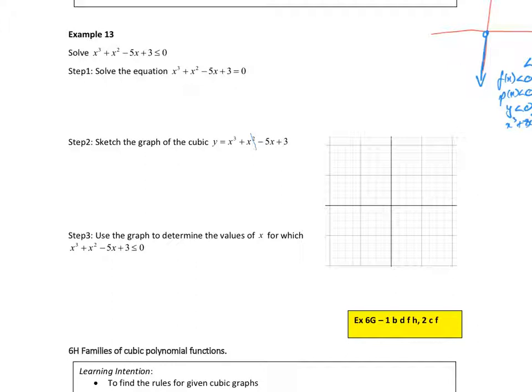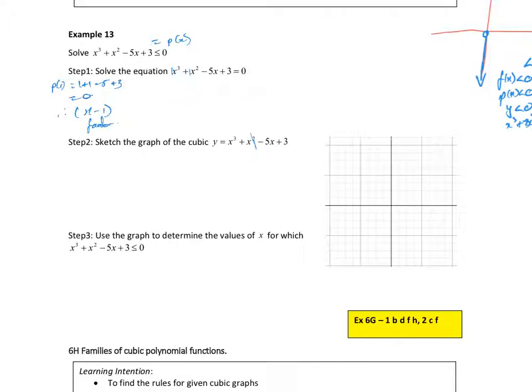If we look at the coefficients, 1, 1, 5, and 3, I think P(1) will work. So if I call that polynomial P of x and work out P of 1, I get 1 plus 1 minus 5 plus 3, which is equal to 0. Therefore, x minus 1 is a factor.